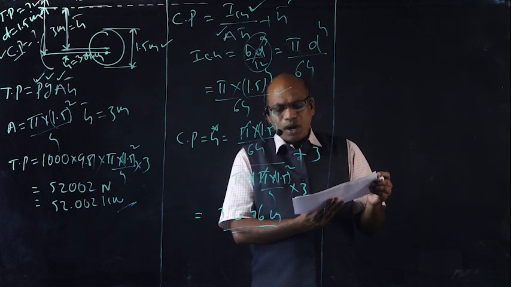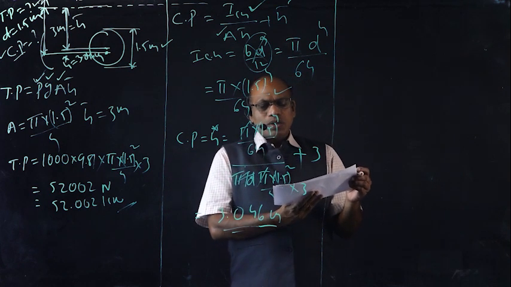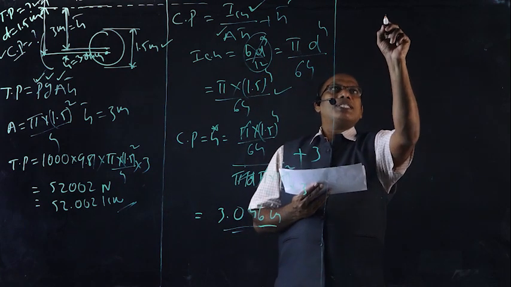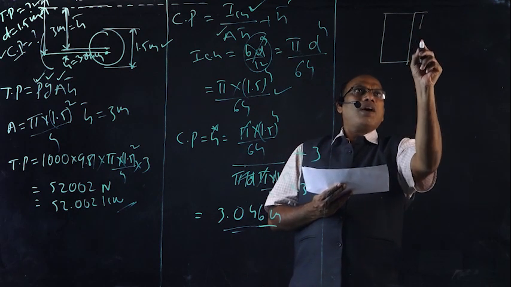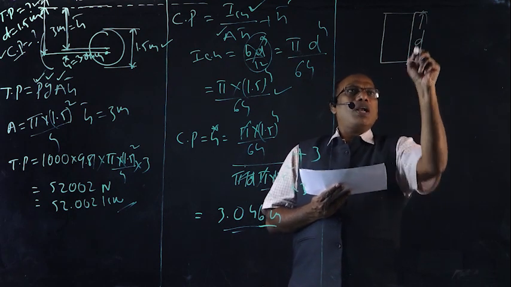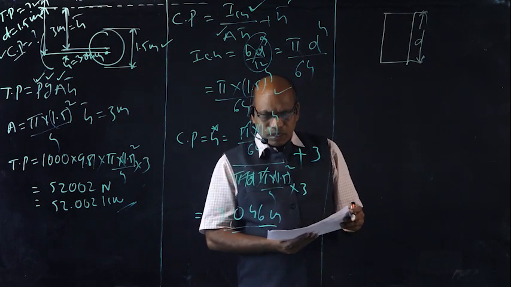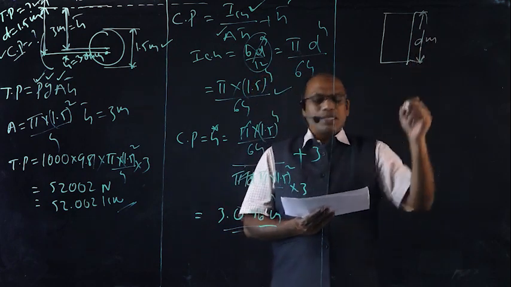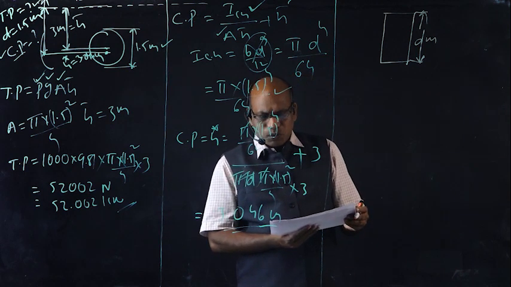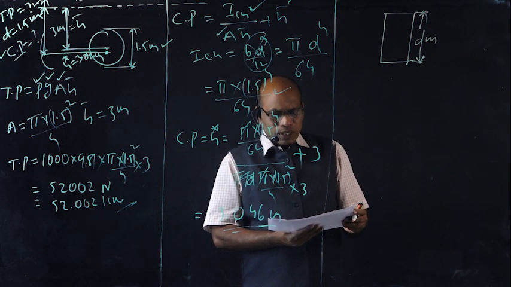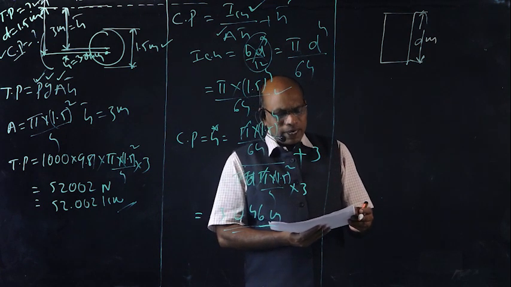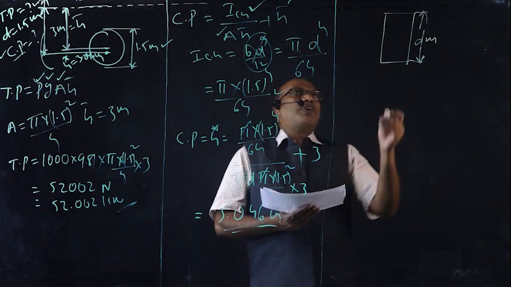The vertical side of the sluice is small d meters in length, and the depth of centroid of area is p meters below the water surface.